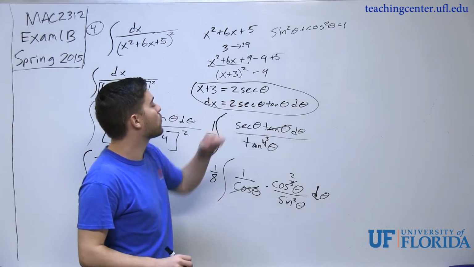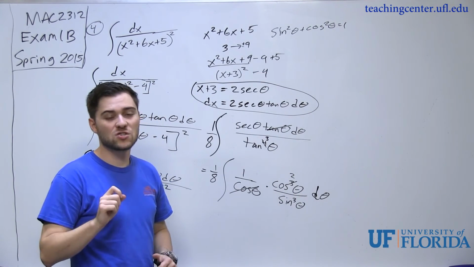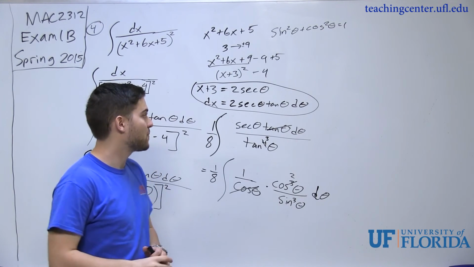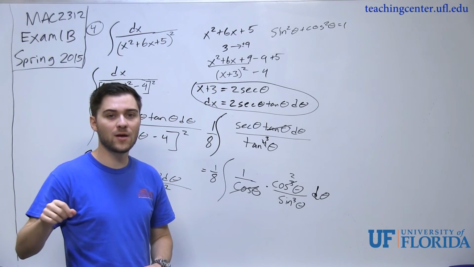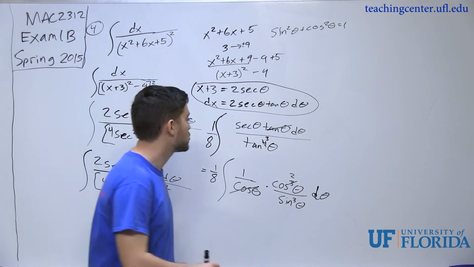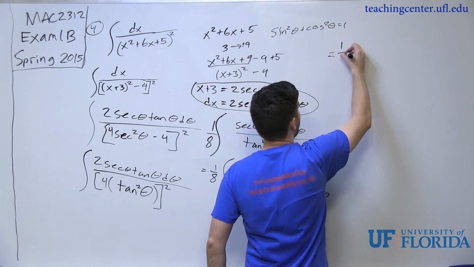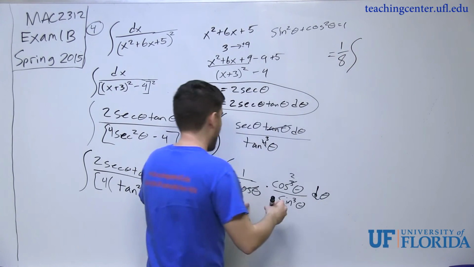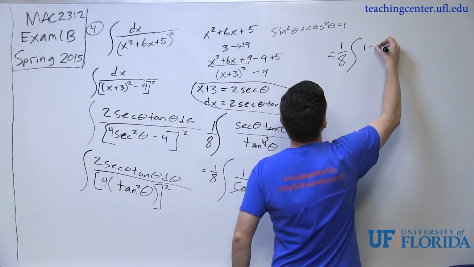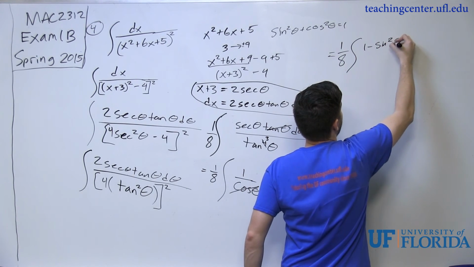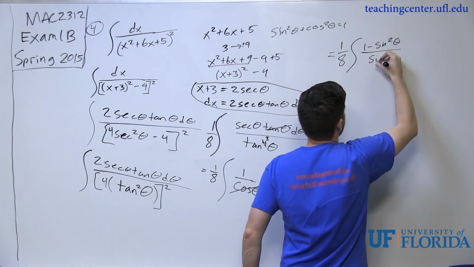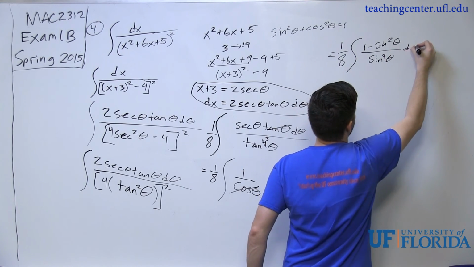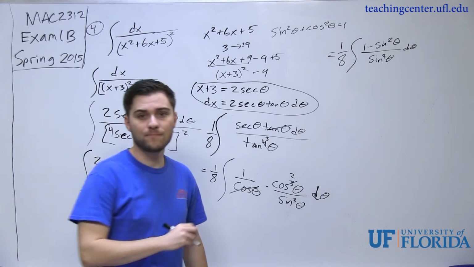And if I look at that in terms of just cosine squared theta equal to something, I end up getting 1 minus sine squared theta is equal to cosine squared theta. So I can now rewrite this integral one more time. And I end up with 1 minus sine squared theta over sine cubed theta d theta.